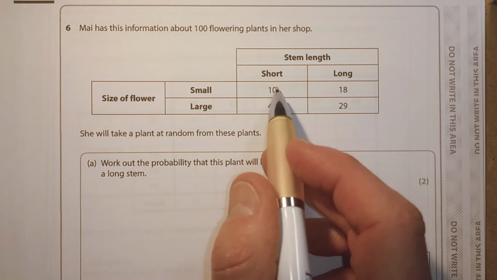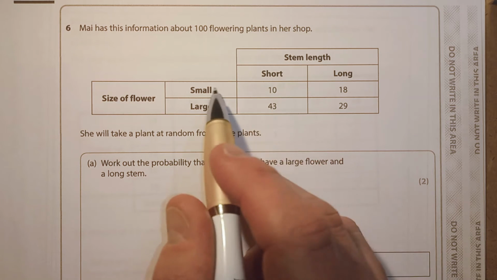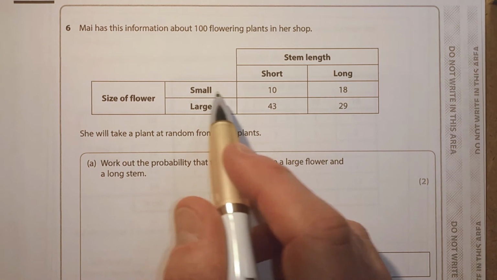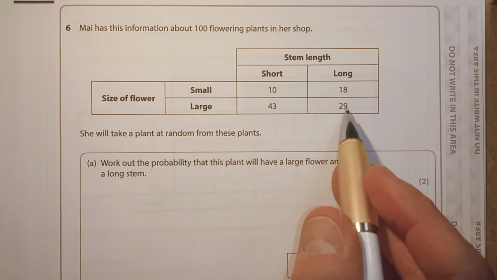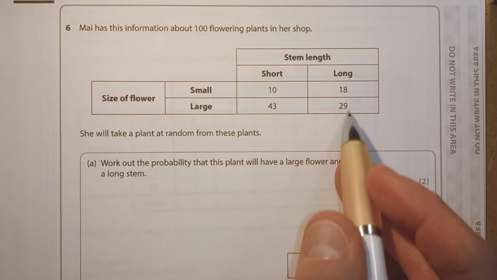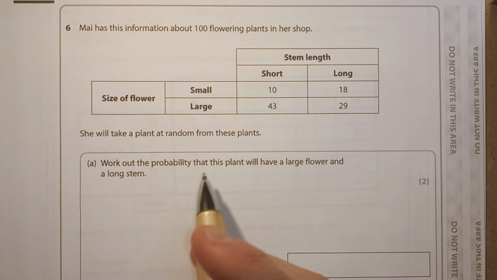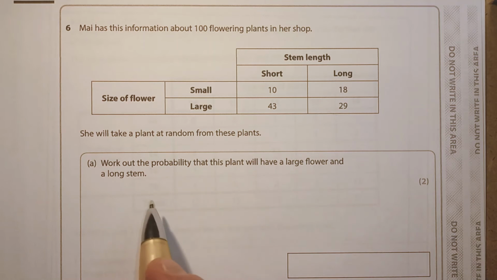So in other words, we've got 10 flowers that have got a short stem length and a small flower, 18 with a long stem and a small flower, 43 with a short stem and a large flower, and 29 flowers with a long stem length and a large flower. She will take a plant at random from these plants. Work out the probability that this plant will have a large flower and a long stem.